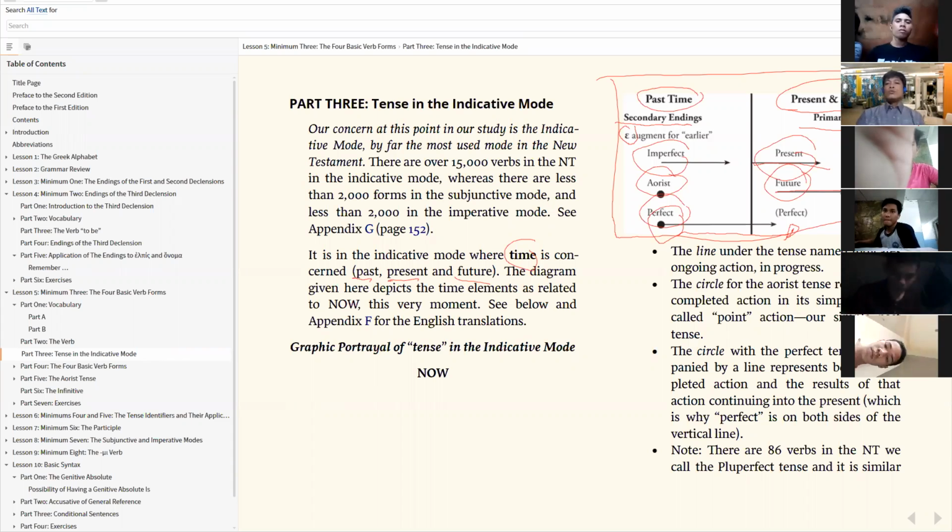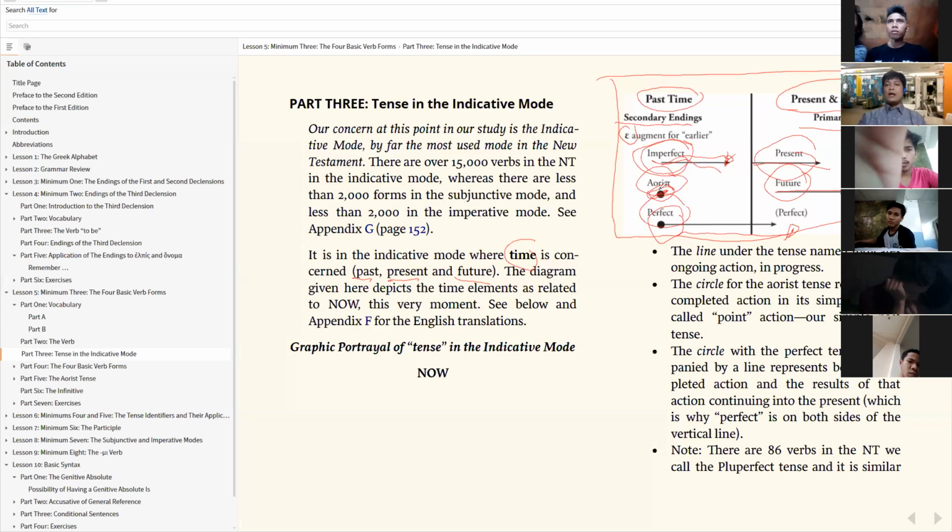So when we talk about imperfect, this is an action that happened in the past, but the action is continuous, okay? When we talk about the aorist, the action is punctiliar. That's a period. And that only happened during that period of time. It did not continue on.